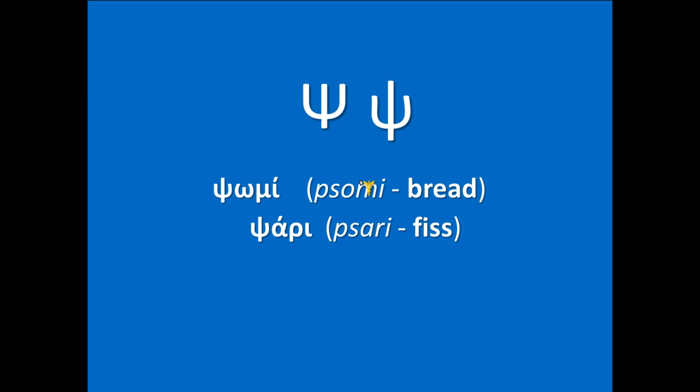A singular one, a single fish means psari. The plural fish, we call them psaria. The letter psi is pronounced ps, like maps, maybe.